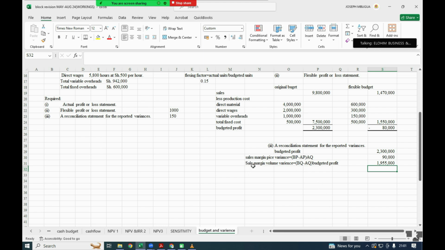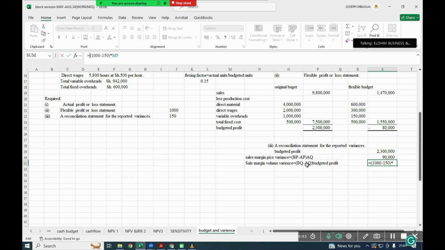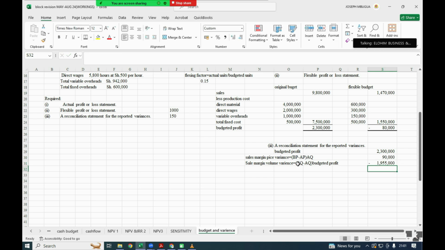For sales, if you can interchange the two, the better. You'll not need to check the signs, because whatever we sold was less than what we had budgeted. So it's not favorable, it's an adverse variance. We sold 150 instead of the 1,000 units that we had initially intended to sell, and therefore it will give us an adverse variance of 1955.